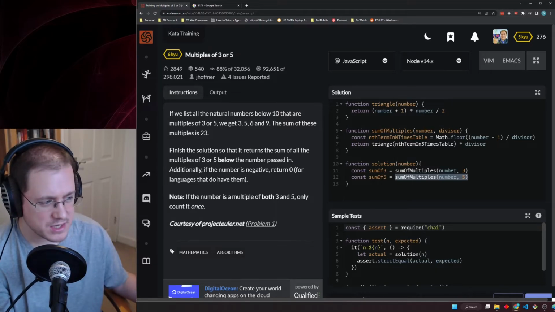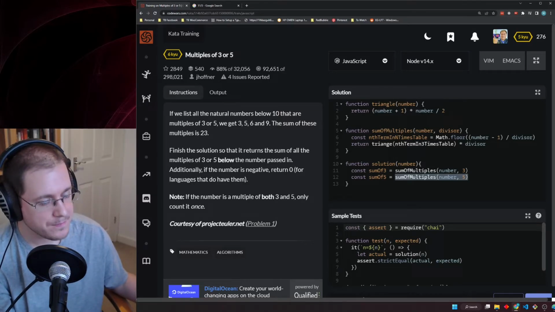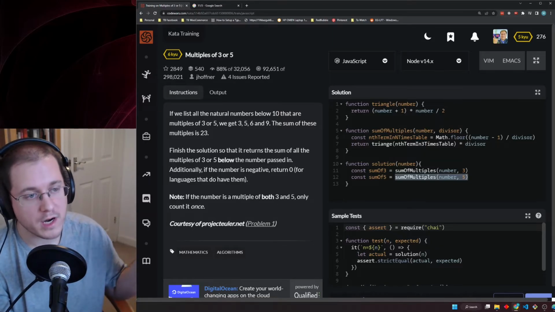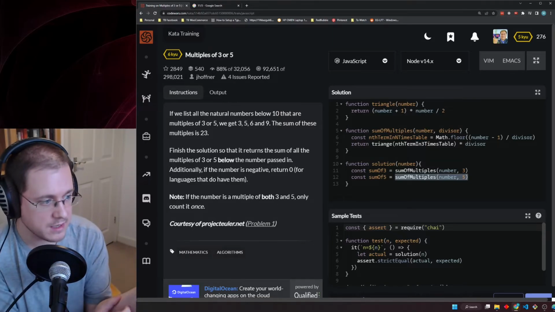And I think it's correct to state that if it is both a multiple of 3 and 5, then we're going to be double counting. Okay. So we need to reduce the double counting by just one occurrence of that double counting.